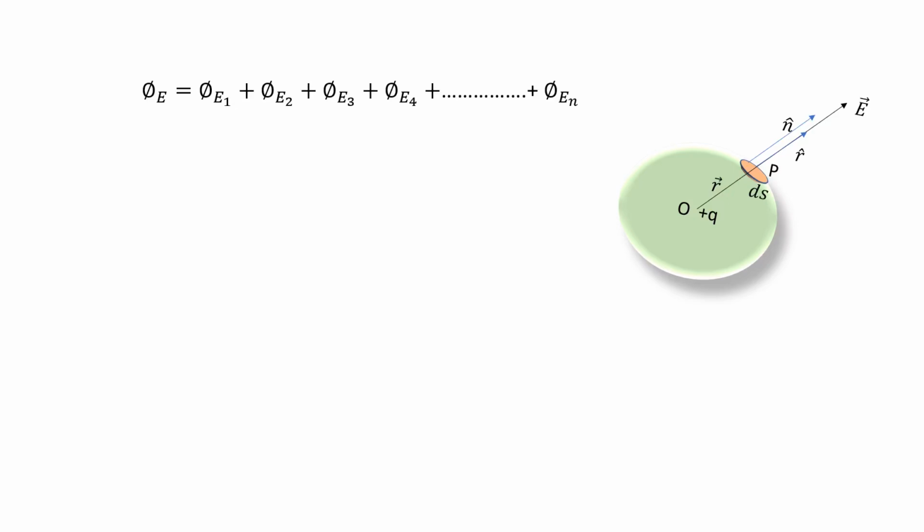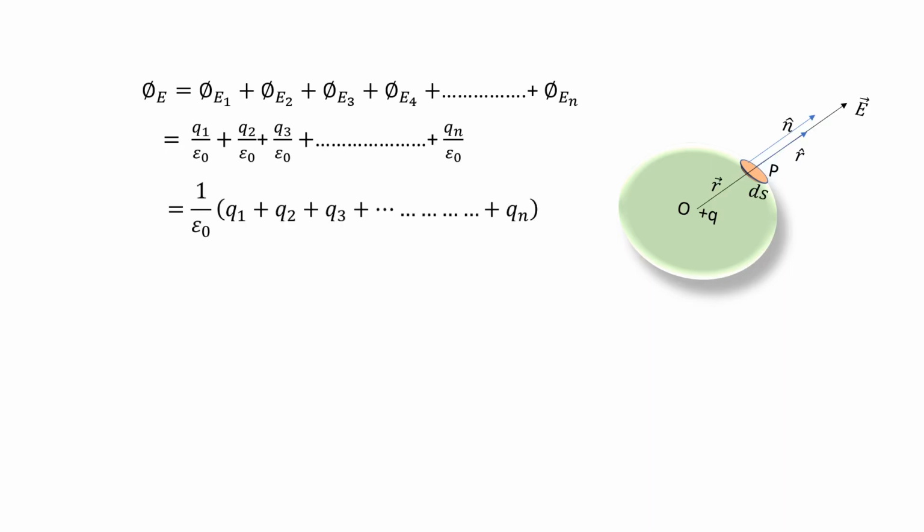Phi E1 is the electric flux due to charge Q1, so this is written as Q1 upon epsilon naught plus Q2 upon epsilon naught, Q3 upon epsilon naught, so on, Qn upon epsilon naught. 1 upon epsilon naught is taken common, so inside the bracket Q1, Q2 plus Q3, so on, Qn. So this is equal to total charge Q.